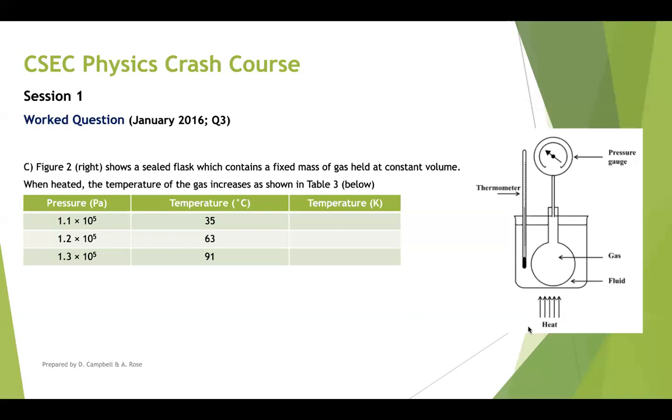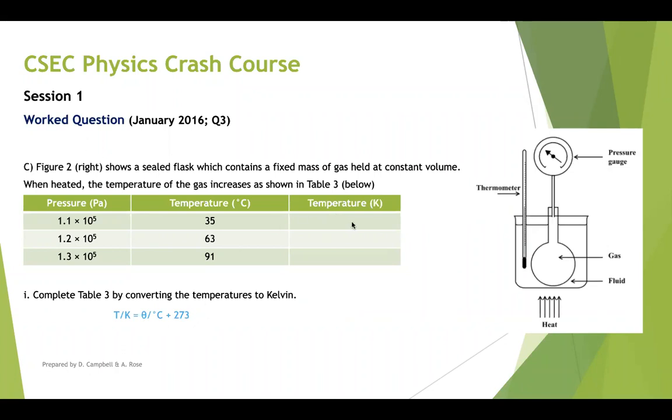So, this question is having to do with some gas law. What you are to find, however, is the Kelvin temperature. So you are to convert the Celsius temperatures given to Kelvin. And to do that, we simply add 273. Temperature in Kelvin is equal to the Celsius temperature plus 273.